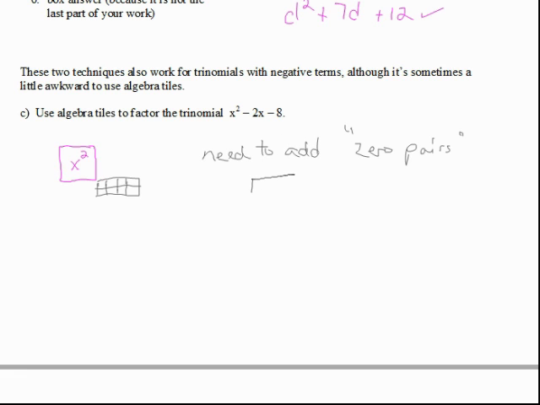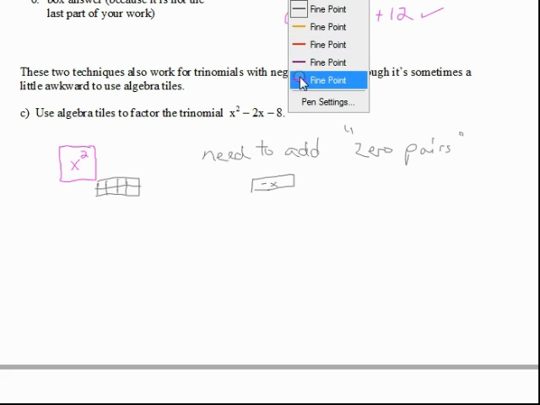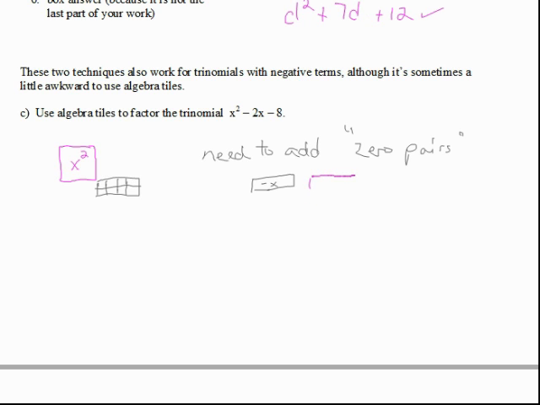So if I add, oops, okay, I can add a negative x and a positive x, because minus x plus x equals 0. So if I add that, I haven't actually added anything, have I?